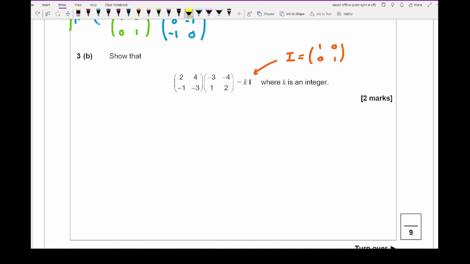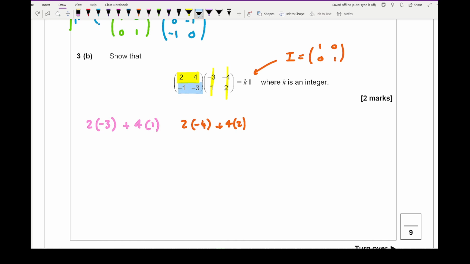So what we need to do is multiply this row by these two numbers here to find my first number. So that's going to be 2 lots of -3 plus 4 lots of 1. Then I'm going to multiply that by the second row. So that's going to be, let's use a different colour, 2 lots of -4 plus 4 lots of 2. Then I'm now going to move on to the second row.